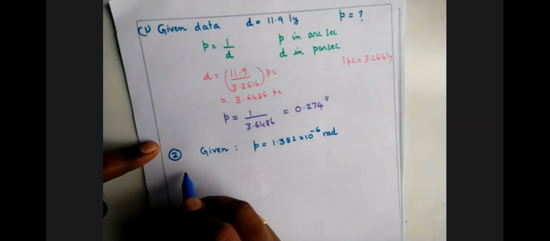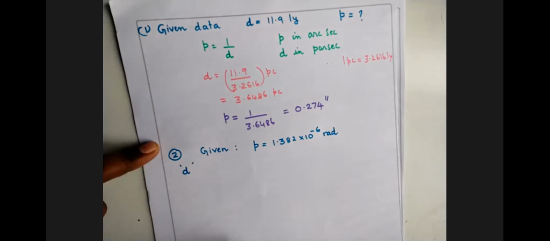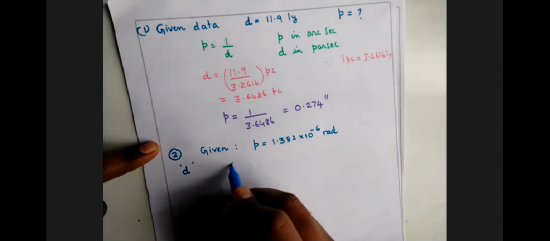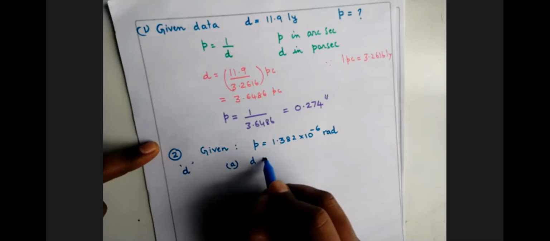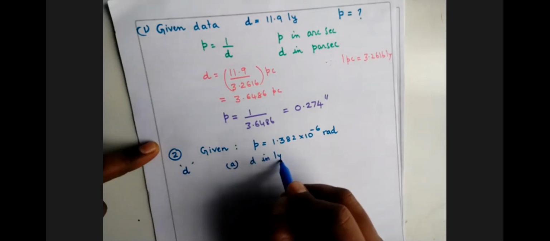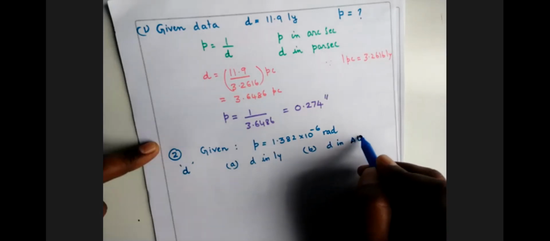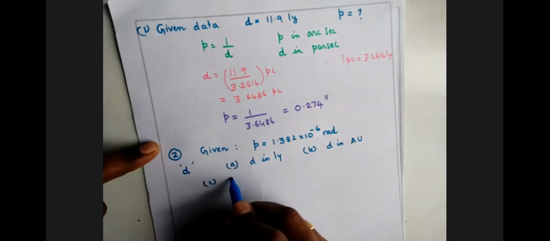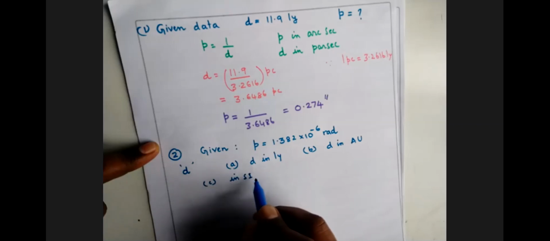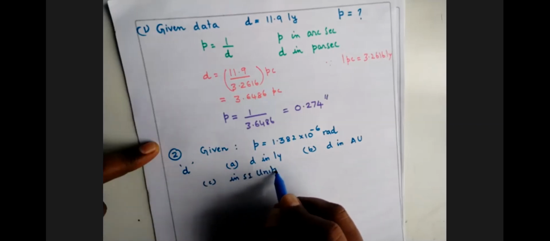You are asked to find the distance D of the star Aldebaran, first in light years, second in astronomical units, and third in the SI system, that is in meters.